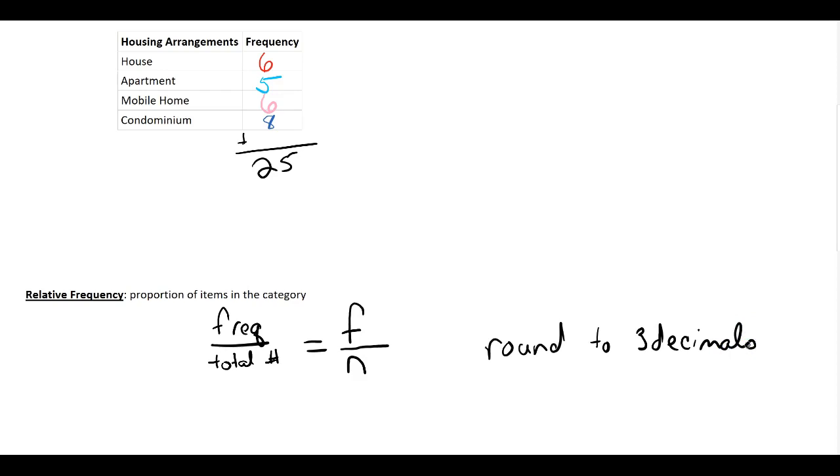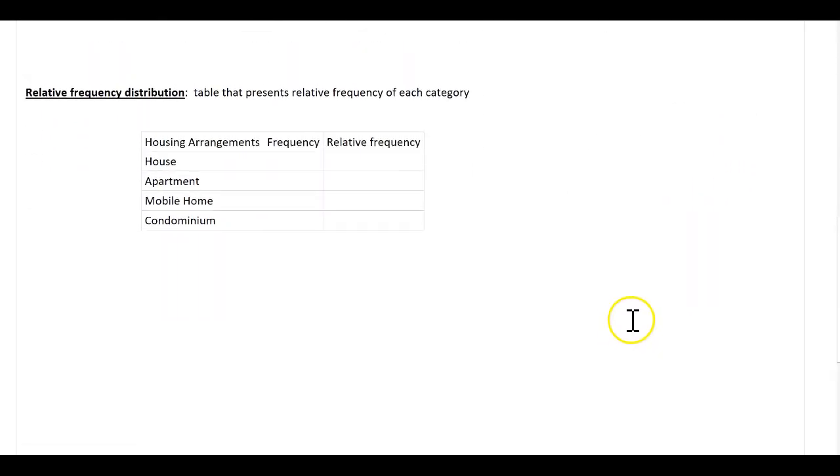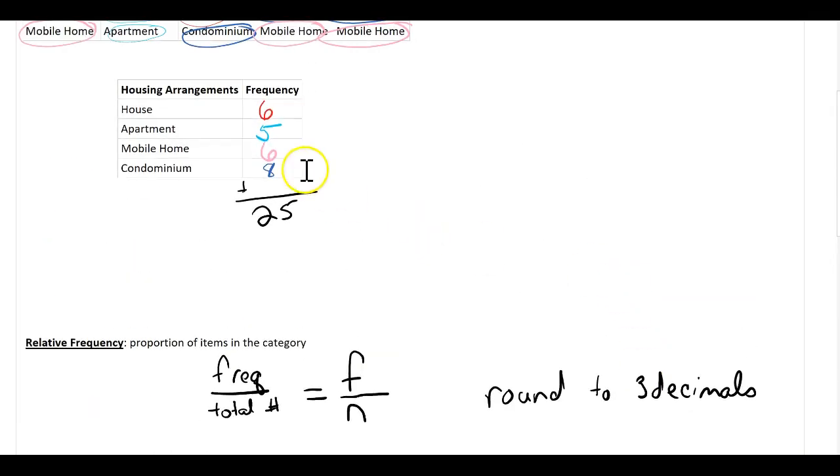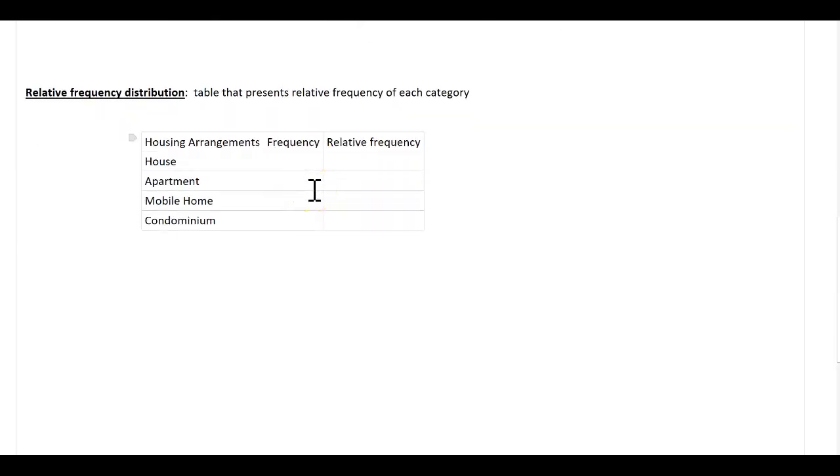So when we're talking about relative frequency, it is always a number between 0 and 1. Should never go over 1 or anything. And so we need to look at what information we're talking about. So I'm going to look at the housing arrangements, and we had 6, 5, 6, 8 as our frequency.